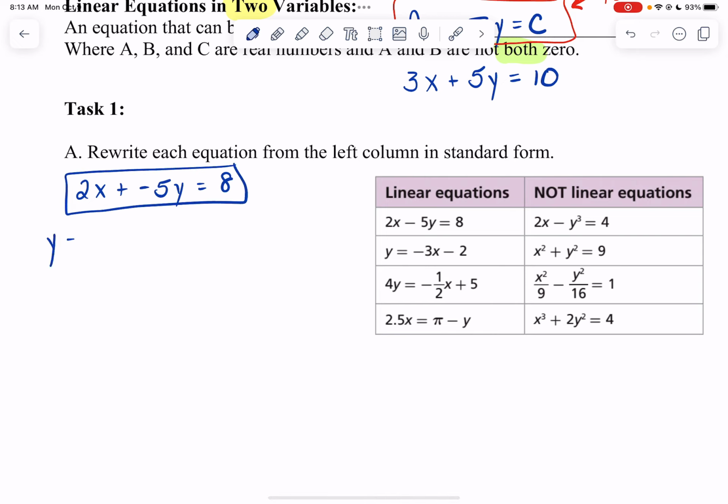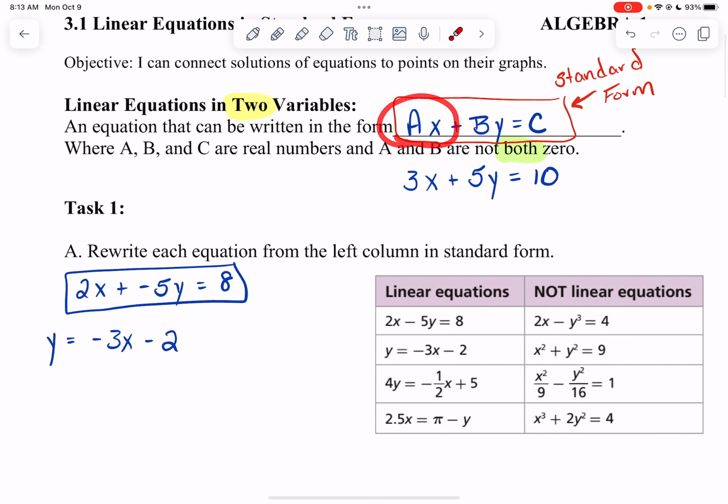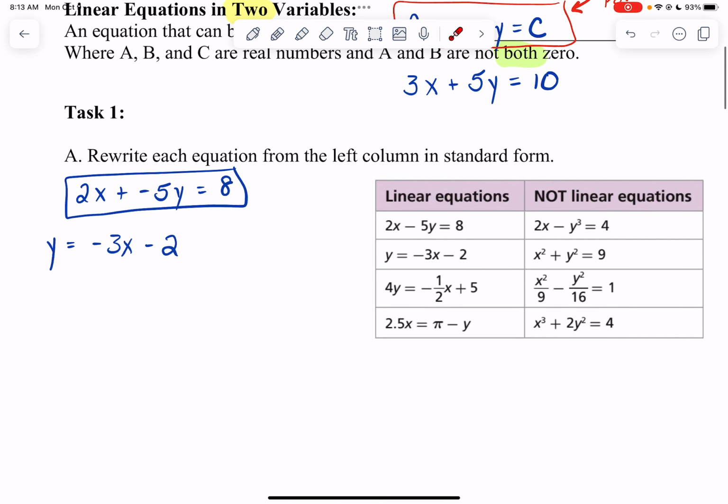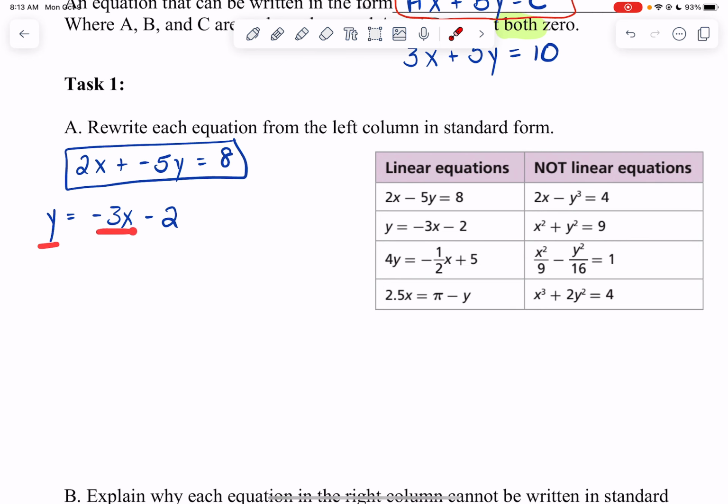This next one is going to take a little bit more work. Next one, we have y equals negative 3x minus 2. Standard form needs my ax and my by to be on the same side. Notice where that equal sign is. Here, my y is on this side, my x is on this side. So I need to move my x over here. Right now it's a minus 3x, so I'm going to add 3x to both sides.